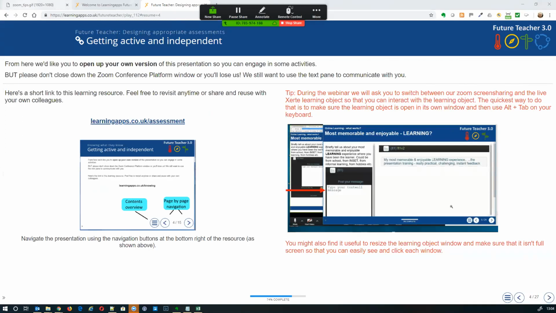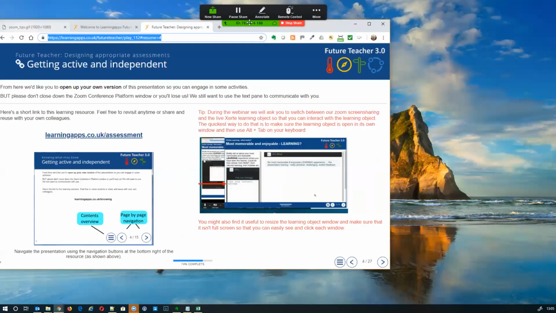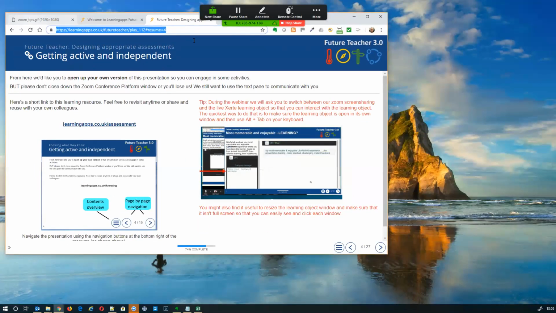So we would like you to go into the chat pane and open up that resource. We give you 20 seconds or so to open that, and you should open at this page, because this is the point where we're going to be juggling between those two panes, just because we want you to be able to actively engage with us with what we're doing.